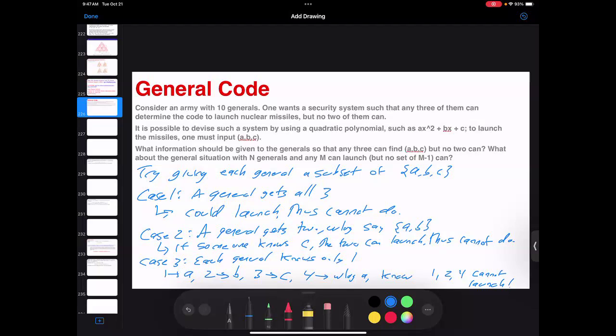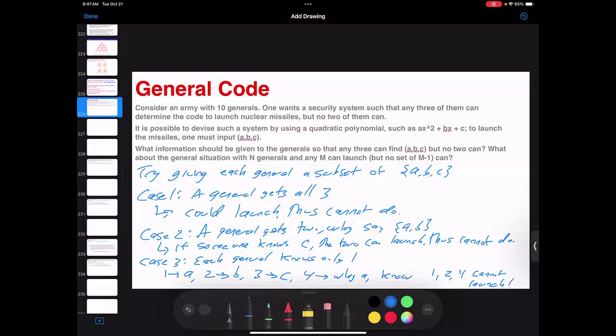So if you only give the generals one piece of information of A, B, and C, without loss of generality, we might as well assume the first general gets A, the second gets B, the third gets C. This is a great way to write the arguments cleanly. And now when we get to 4, it doesn't really matter what we give 4. We're going to have a problem. So unfortunately, looking at this, it seems like this is impossible.